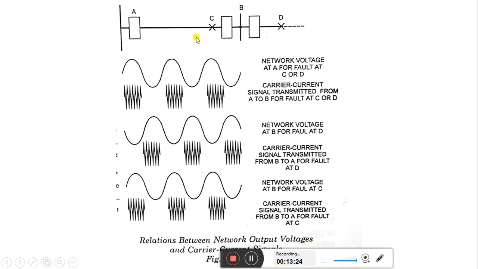How the system will work in this carrier current protection scheme has been explained with the help of these signals.